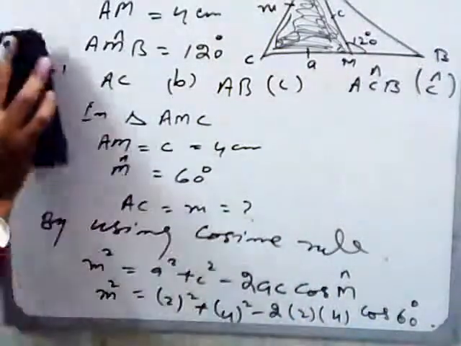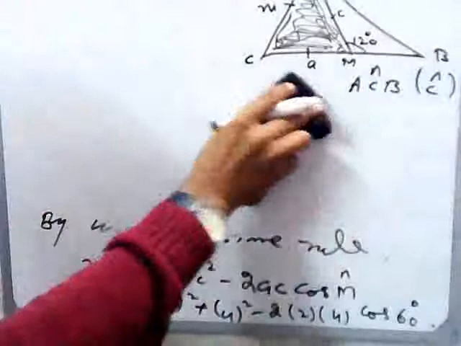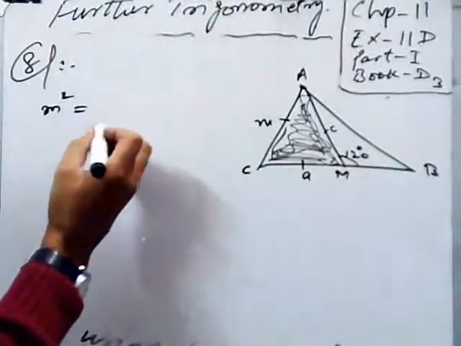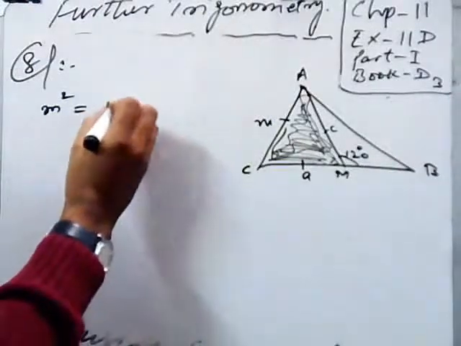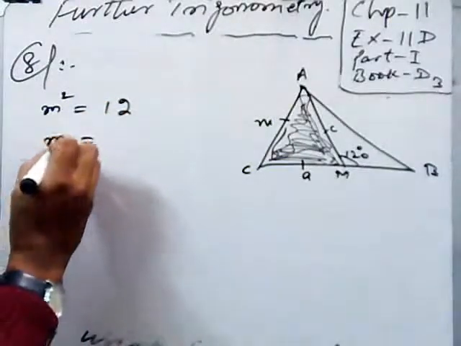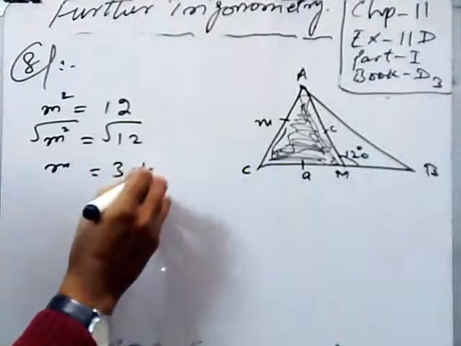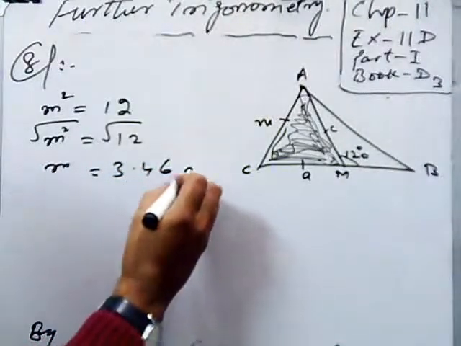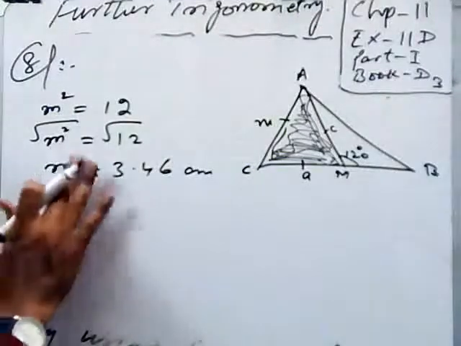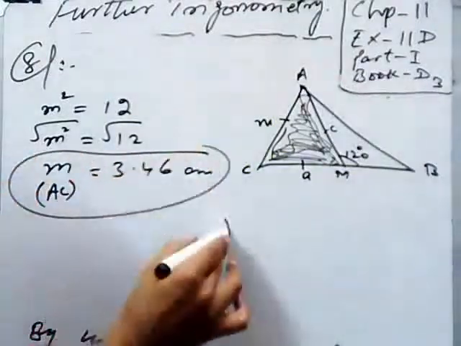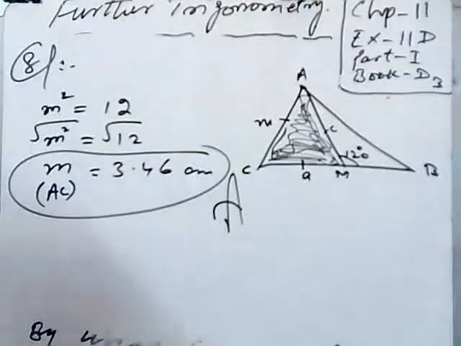After simplification you will get the value of m square equal to 12, but we need the value of m, so taking the square root on both sides, 3.46 centimeters. Actually m is AC. So here is your result. Now consider the triangle.